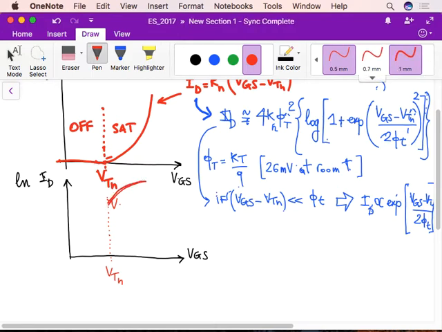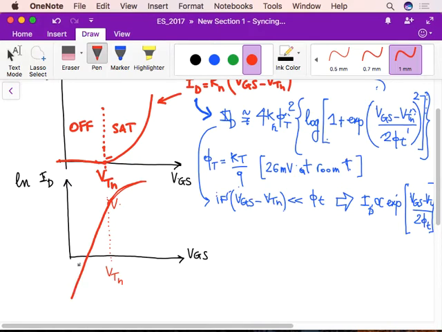If VGS is smaller than VTN, this situation is true, and the current is proportional to e to the power of the overdrive over 2 phi t. And so the logarithm of the current is proportional to the overdrive. So on a semi-log scale, I see a linear behavior here.